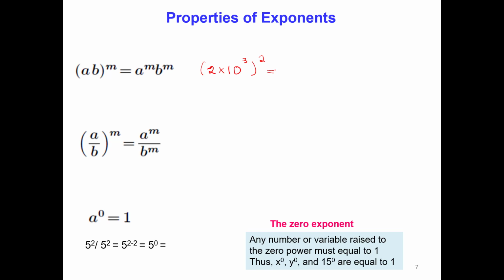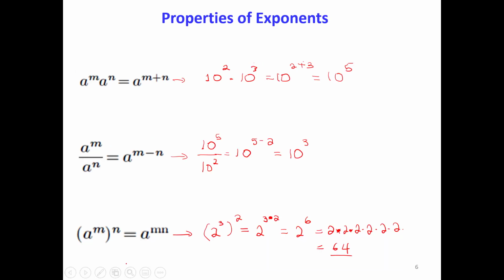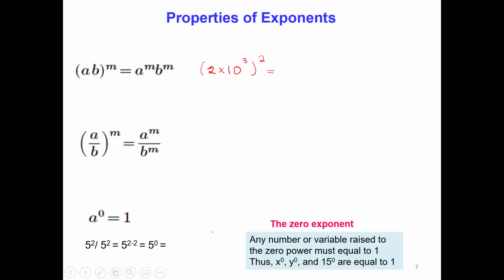Because we know if we had a power of a power, we need to multiply the exponents. And in this case, the exponent for 2 is 1. If there is no exponent, we know it's 1.